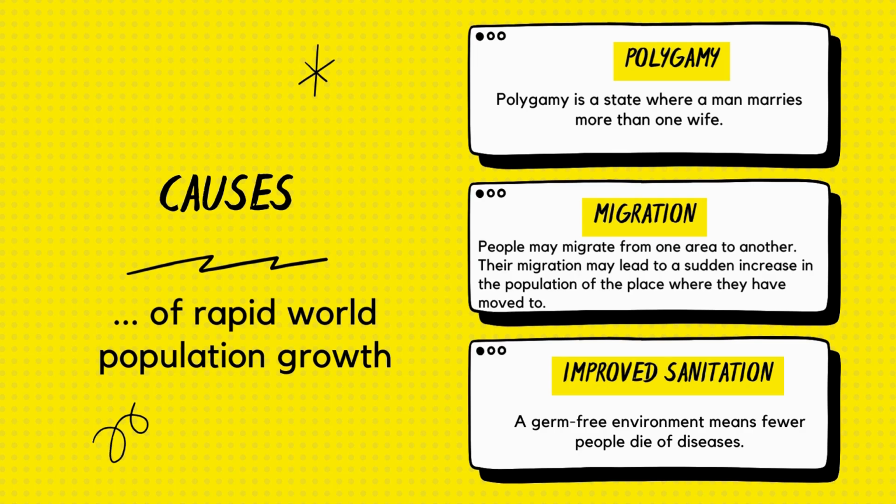Migration. To migrate is to move. People may migrate from one area to another, and their migration may lead to a sudden increase in the number of people living in the place where they've moved to.